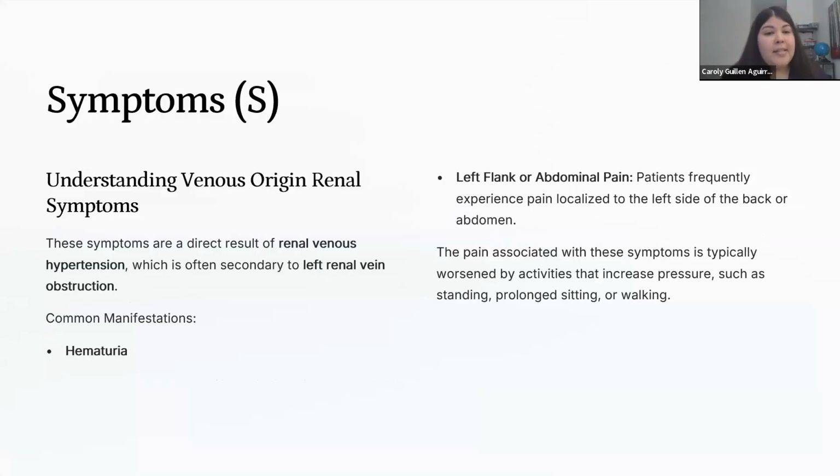To understand the symptoms, they subdivided the symptoms in renal origin symptoms, with the common manifestations of hematuria and left flank abdominal pain.